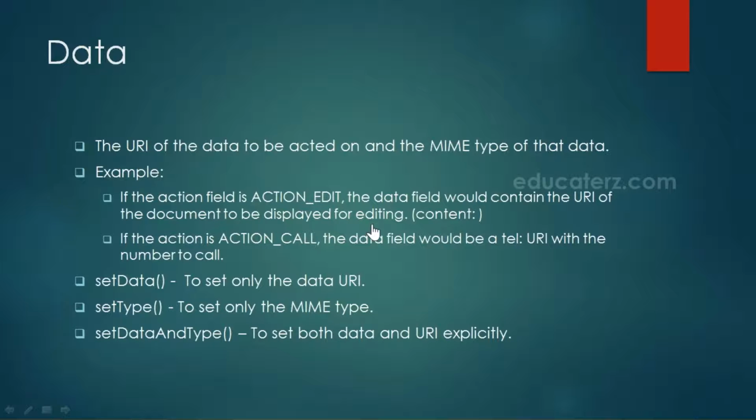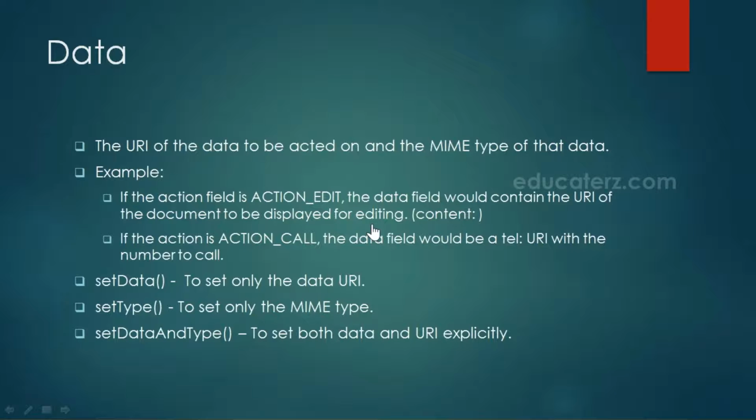It means what type of data you are trying to edit, like editing a Word document which is in the D drive, my documents, or say some other documents. So opening it up and editing it through an action edit.